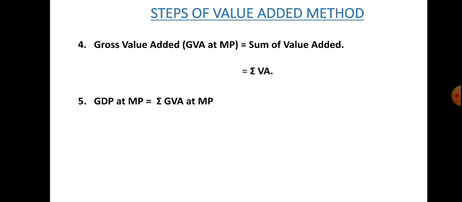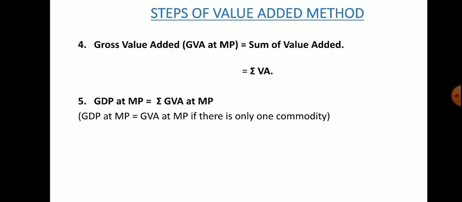Once you have calculated the gross value added for these three sectors and you add all the values of these three sectors, you will get the total production in the domestic territory, that is the GDP at MP, and that is why this is summation GVA at MP. If there is only one commodity, or one factory producing one commodity, then simply your GDP at MP will be your GVA at MP.